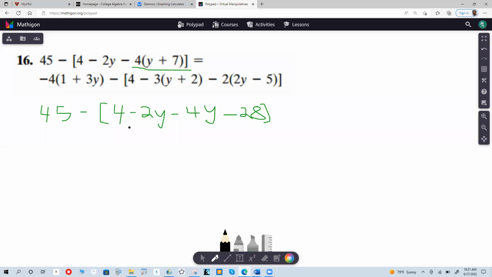Now I'm going to work on these brackets. I know it's a little messy, guys, okay? Let's work on the left-hand side first and simplify it totally. LHS stands for left-hand side.